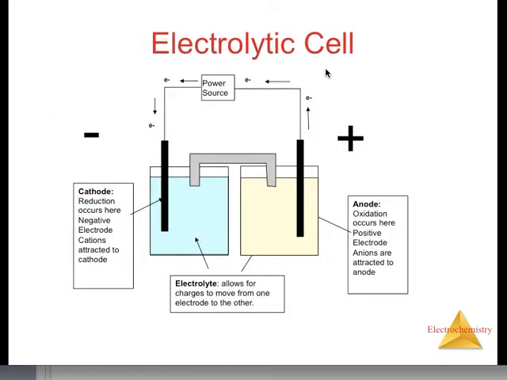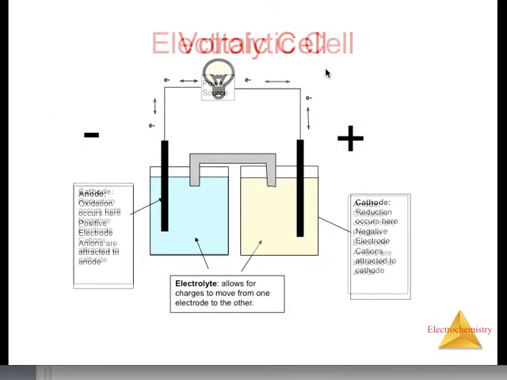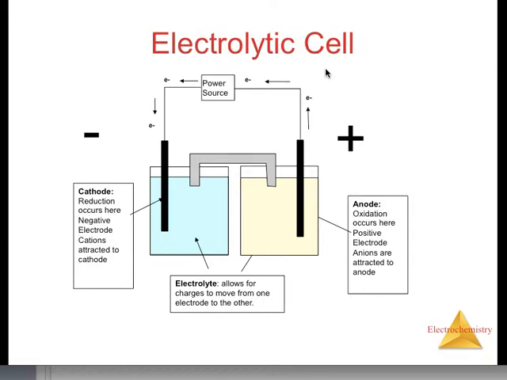So let's look at an electrolytic cell. Here we have the anode represented by a positive. Oxidation still occurs here. Electrons are flowing towards the cathode, same as the voltaic cell.